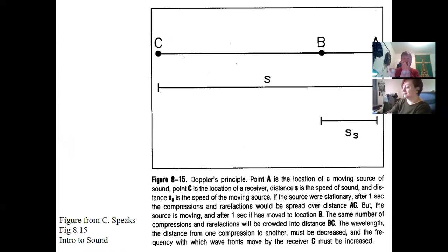When a car is moving toward you, you've got the speed of sound plus the speed of the car. So the wavelengths get squeezed. You're hearing a higher pitch. When the car goes past you, you have the speed of sound minus the speed of the car. So the waves get elongated. You hear a lower pitch, called the Doppler effect.